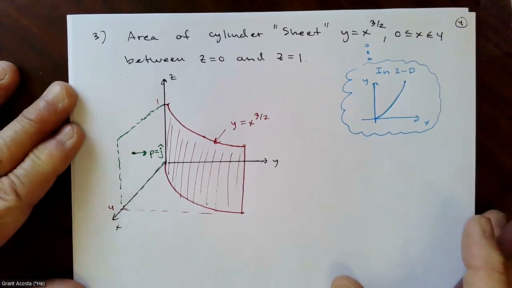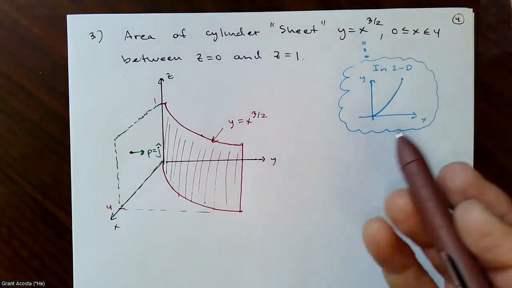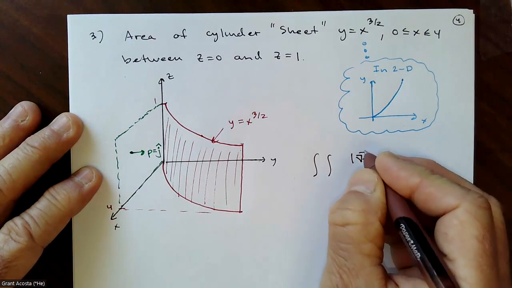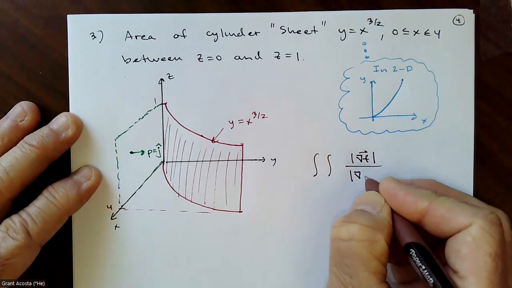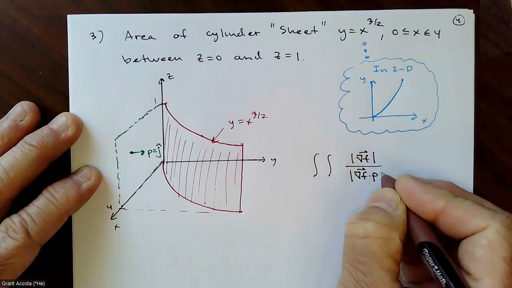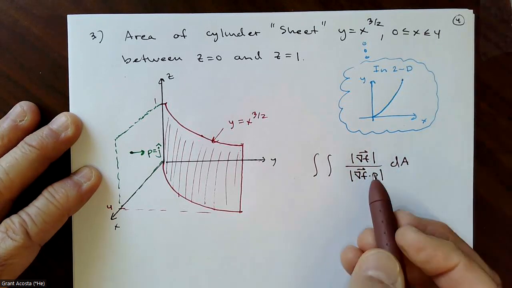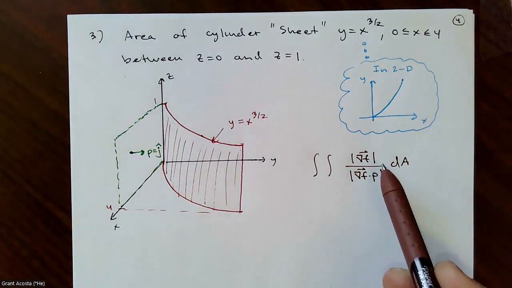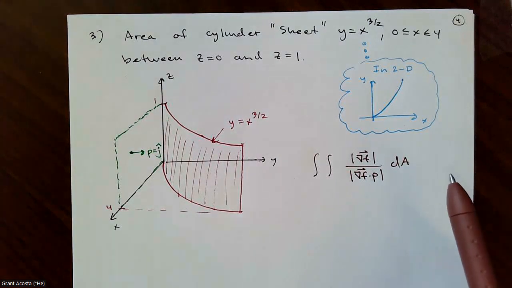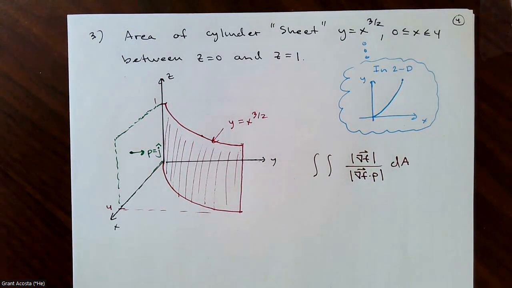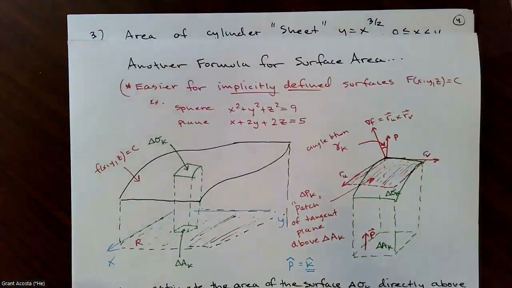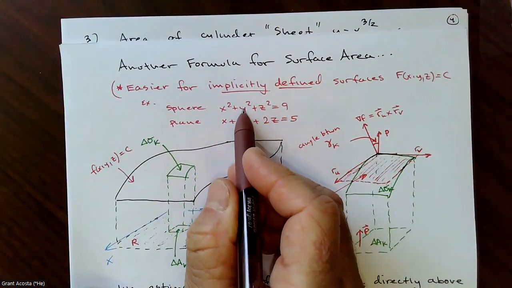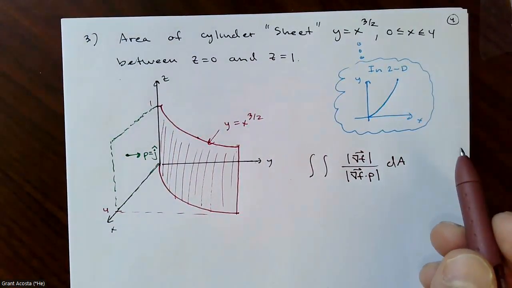And now the other thing too is this, in our formula, we have the gradient of f, and I said at the beginning that this works out better when your functions are implicitly defined surfaces, because then it's all ready to go, right? You can take the gradient of something like this really easy, partial with respect to x, y, and z. That doesn't mean we can't do this.